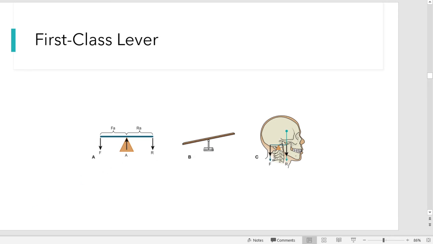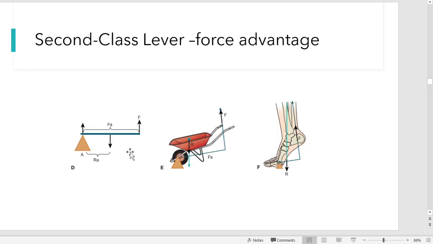So the next one, we have here the second class lever system. In the second class lever system, the fulcrum is located on one end, the resistance, or the load, is in the middle, and the force is found on the other end.